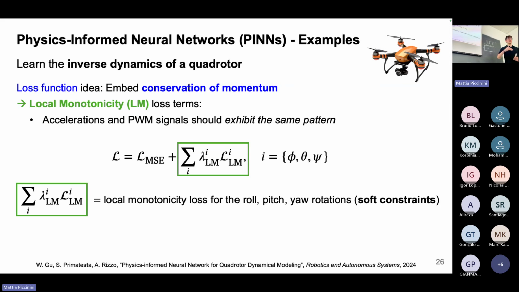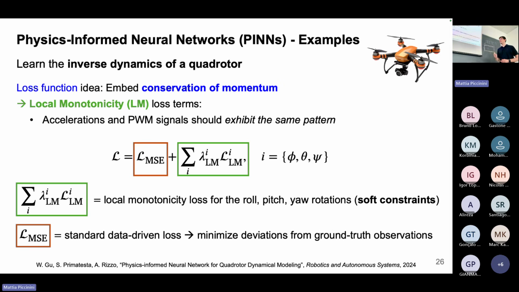So they want the two signals to be related. And this is, again, a soft constraint in their loss function for the roll, pitch, and yaw motion. This is something they incorporated in the loss functions. In this case, we don't have analytical equations, but we have these monotonicity terms that somehow explain this idea.